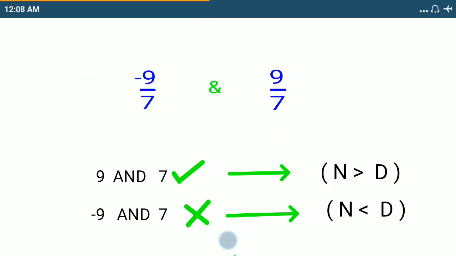For example, if we are plotting -9 by 7, we compare 9 and 7 only and not -9 and 7, because 9 and 7 come in the numerator greater than denominator category, while -9 and 7 would come in the numerator less than the denominator category.